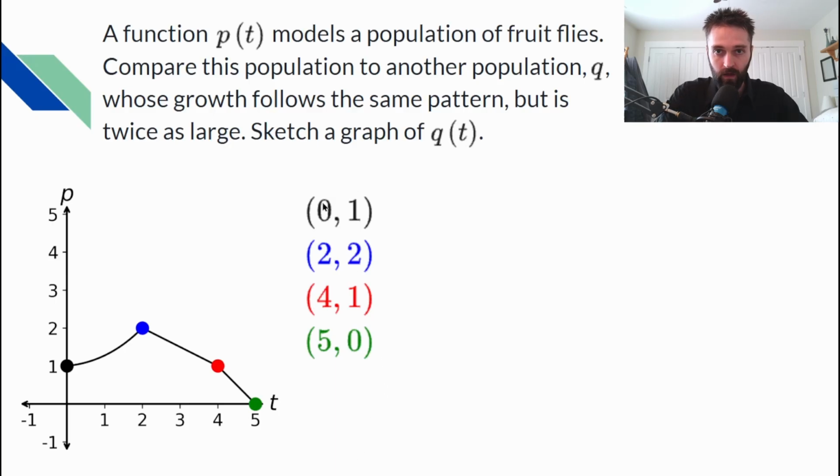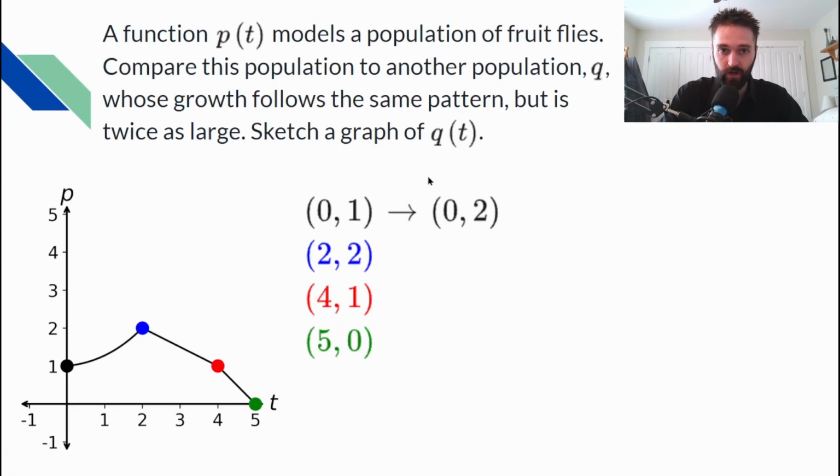So q has a population that's twice as large. We can take each of these y values and multiply them by 2 to get new points, and we can declare that the new function q is going to pass through those new points. Let's start here with the black point 0, 1.